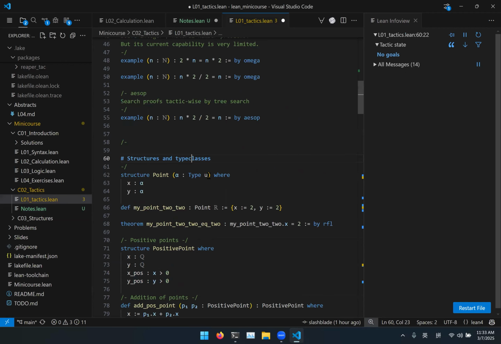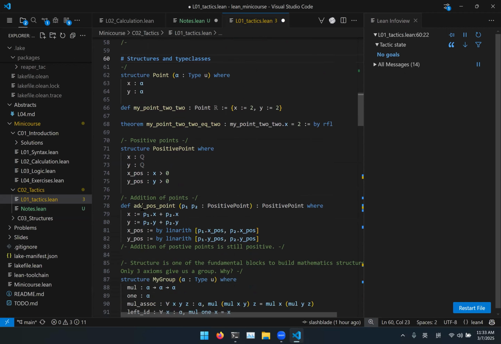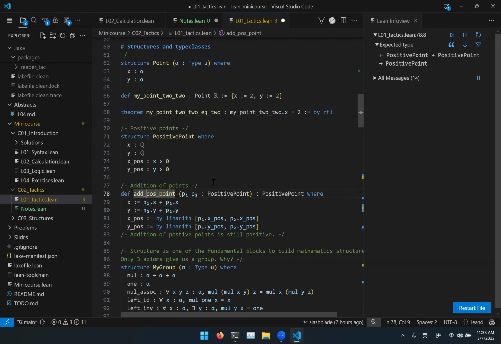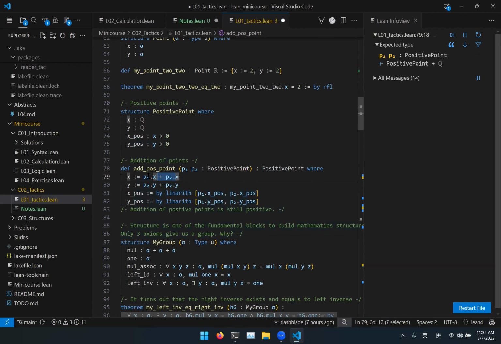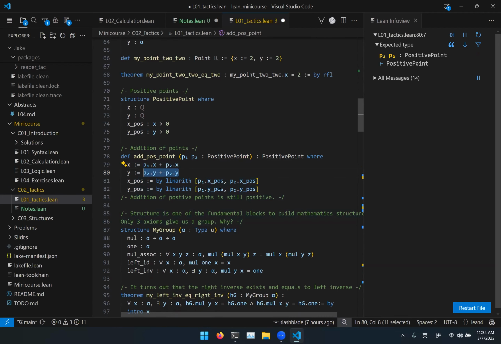So we can look back in this file. First, we also have an addition of points definition, which means this function adds two positive points and gets a new positive point. To get a new positive point, we first need to specify what the actual addition procedure is, which is just the addition of the respective entries.